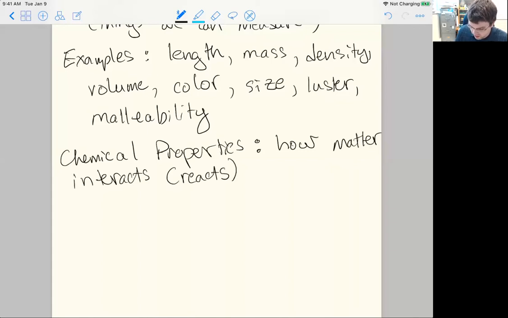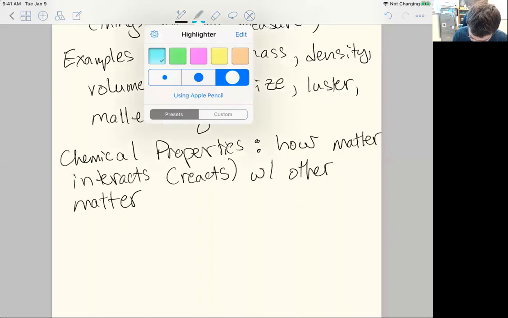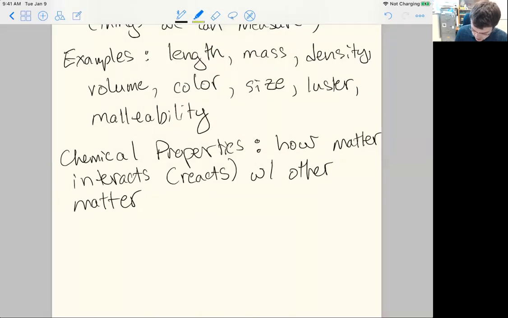So how matter interacts, or reacts, with other matter. We keep this definition sufficiently vague, but the key word in this definition is interact or react. So when we're talking about chemical properties, we're talking about what types of chemical reactions something does.